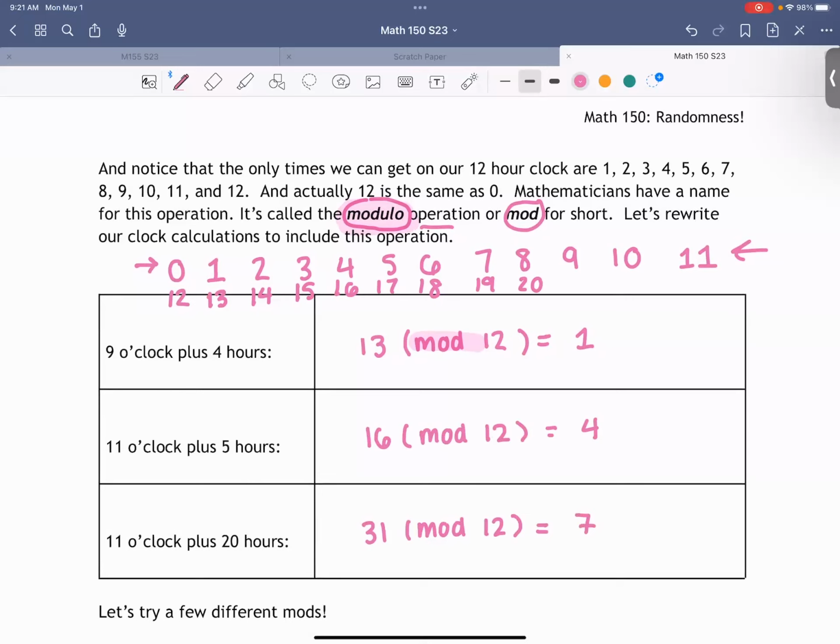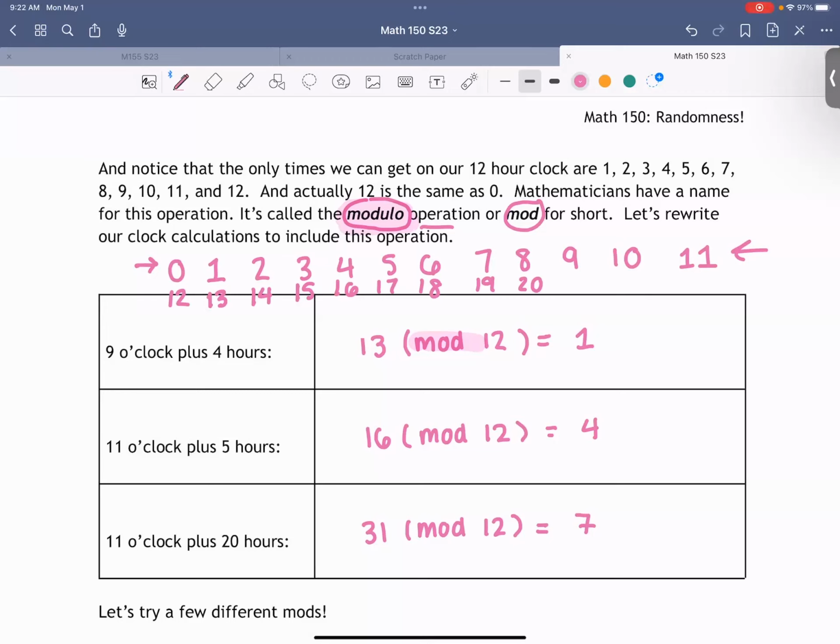Whenever we write mod 12 in parentheses after a number, it's just telling us subtract 12 over and over again until you get a number between 0 and 11. Okay, does that kind of make sense? Okay, if it doesn't, don't worry, we will make sure. So instead of minus 12 or however many times, we just put mod.